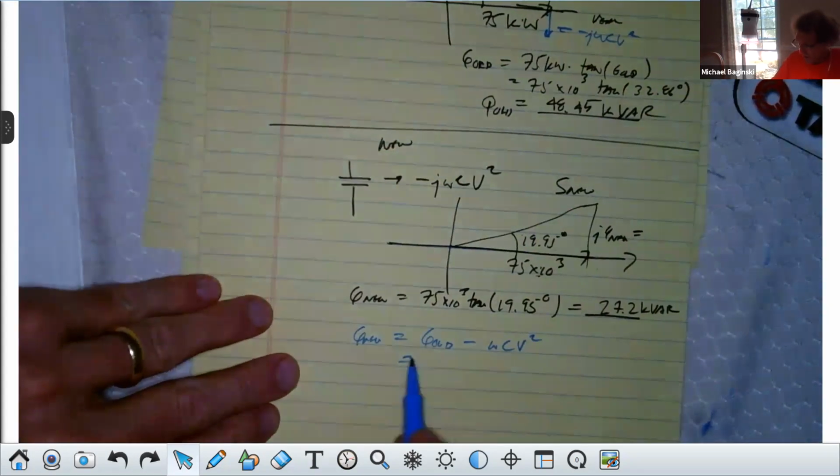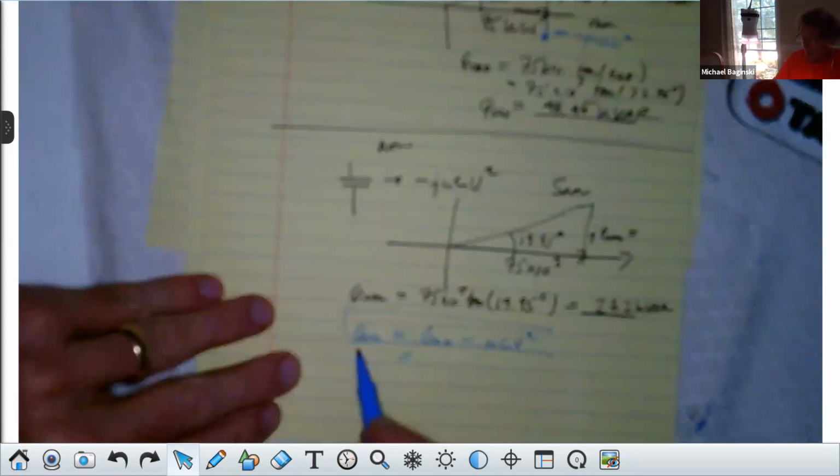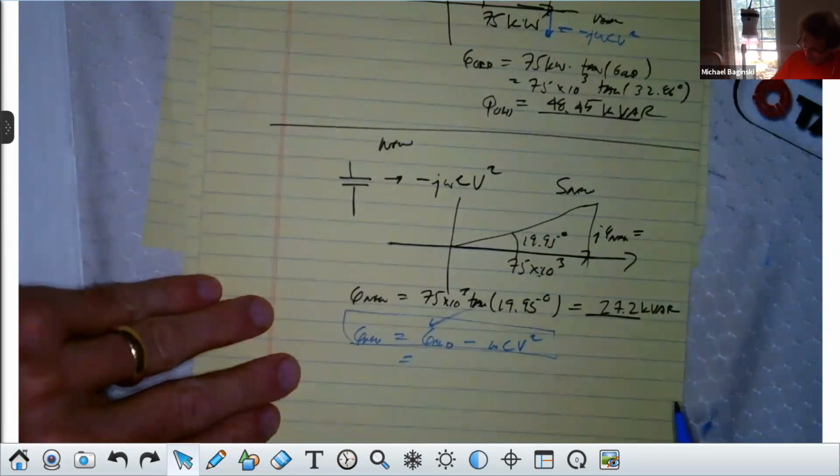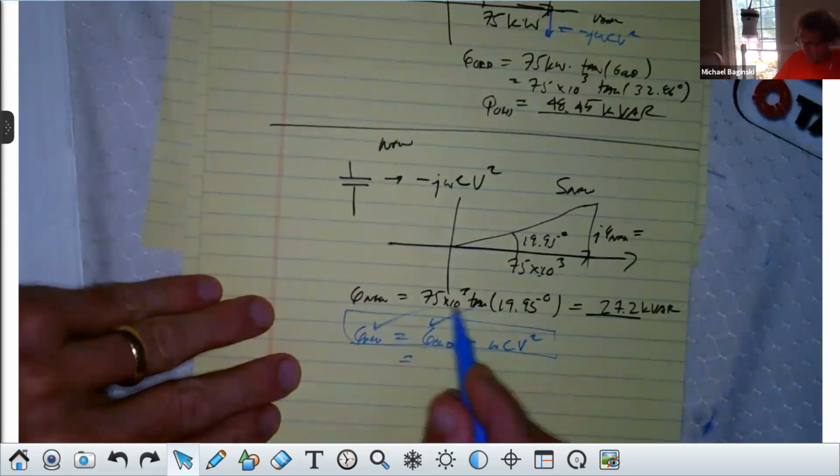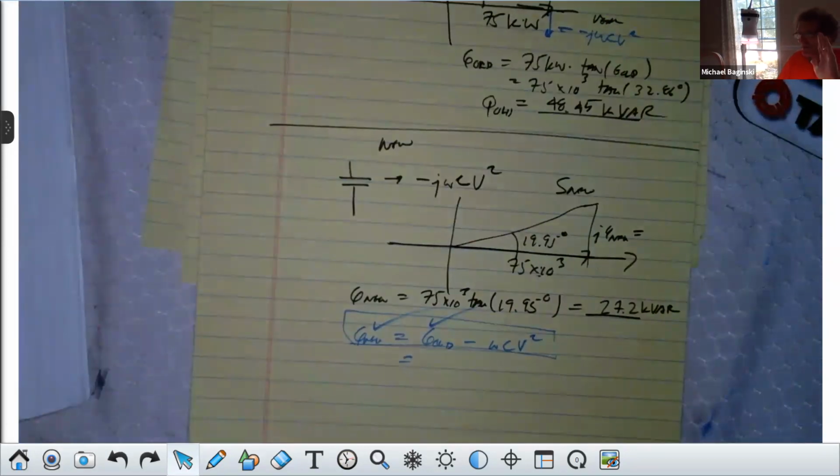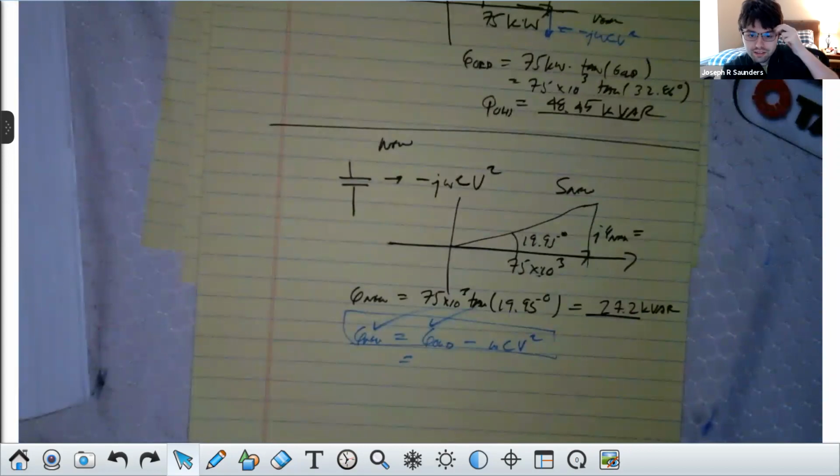First, do you all agree that this is true? We have Q old, right? We figured out Q new. Now we need C. Do you all agree that that equation is correct? Is that a Q?